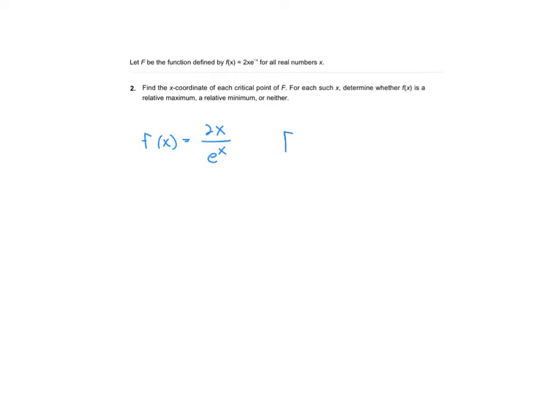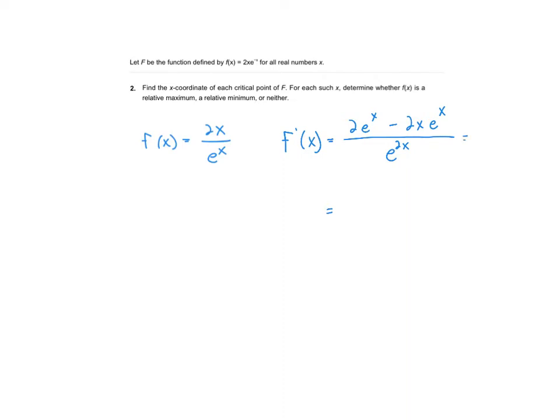Okay, then we'll take derivative. Okay, derivative of the top, 2 times the bottom, minus the top, times derivative of the bottom, all over bottom squared will be like that. Okay, and then really we can factor out an e to the x from the top.